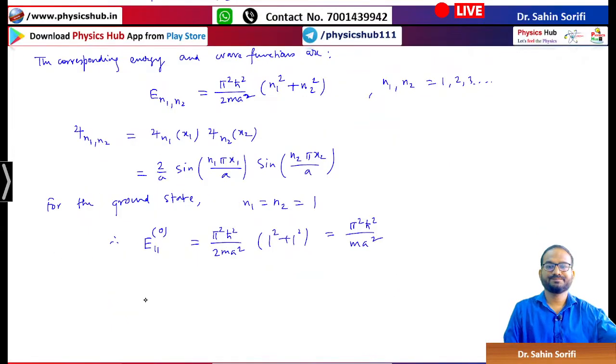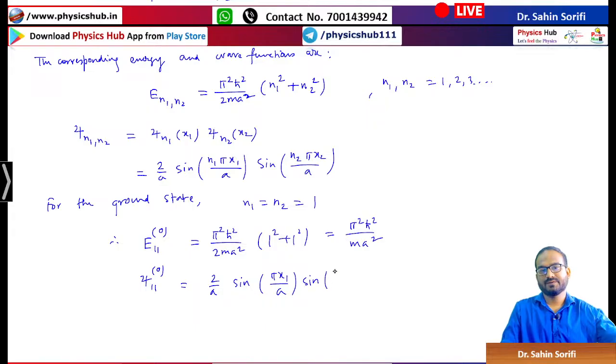And what about the corresponding ground state wave function? Ground state will be ψ_{11}, with 0 meaning the unperturbed wave function: (2/a) sin(π x1/a) sin(π x2/a).